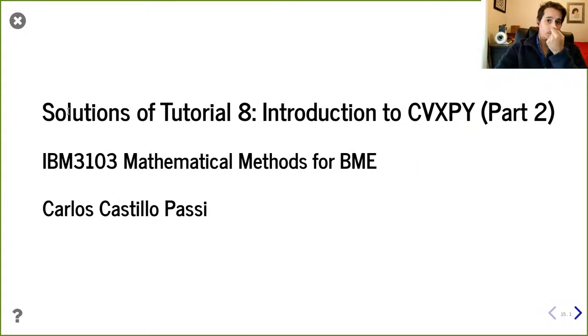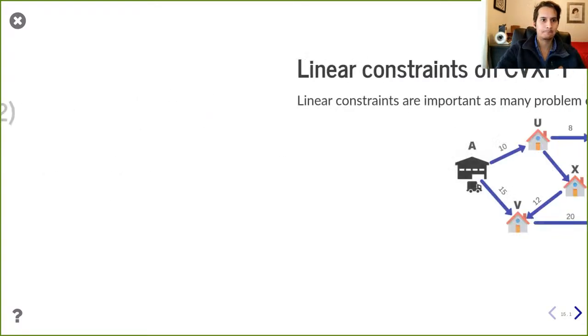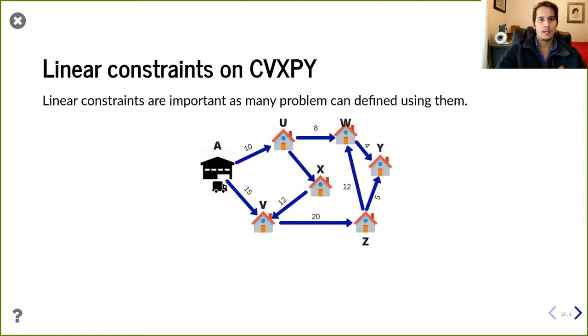Okay, so now we start the second part, where we'll see about the constraints, linear constraints. And linear constraints are important because many problems can be defined using them. For example, this is a typical problem where you need to find the optimal route to go to all the houses.